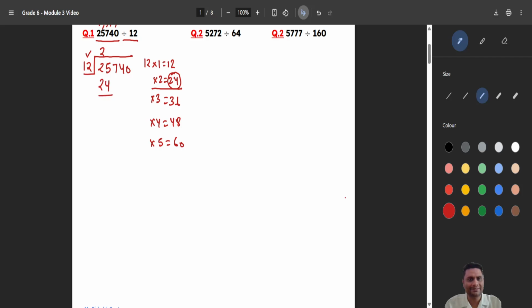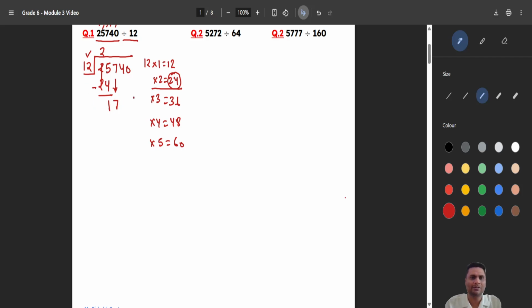24. Next step, do minus, nagis, subtract. 25 minus 24 is 1. 5 minus 4, 1. 2 minus 2, 0. Correct? Next step, bring the next number down. Bring the next number, that is 7, down. Now check the 17. 17 is bigger than 12, correct?